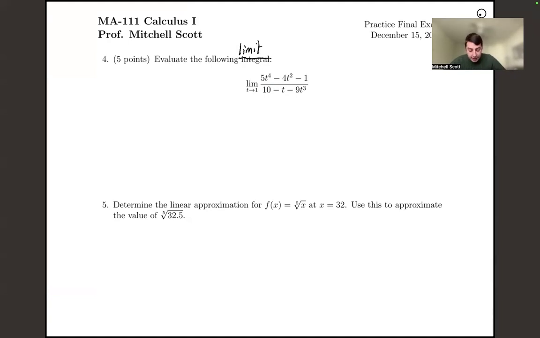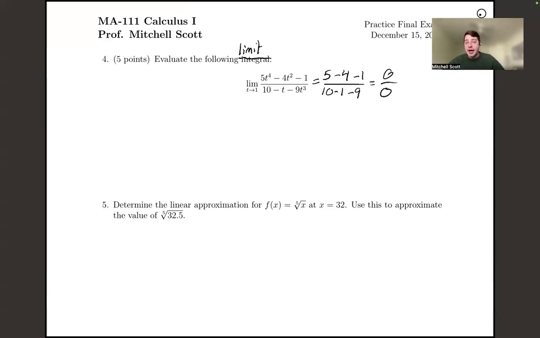But if we plug in t goes to 1, we get 5 times 1 minus 4 times 1 minus 1 over 10 minus 1 minus 9 times 1. So this becomes 5 minus 4 minus 1, 0. This becomes 10 minus 1 minus 9, 0.